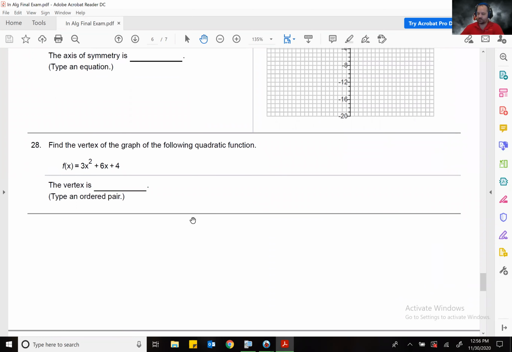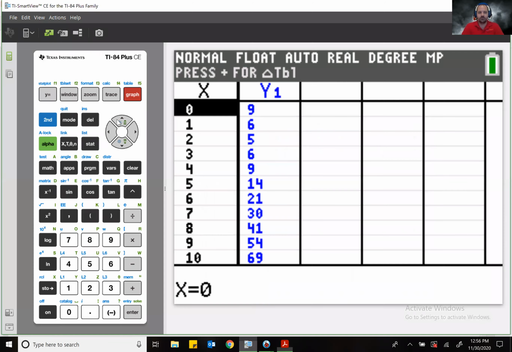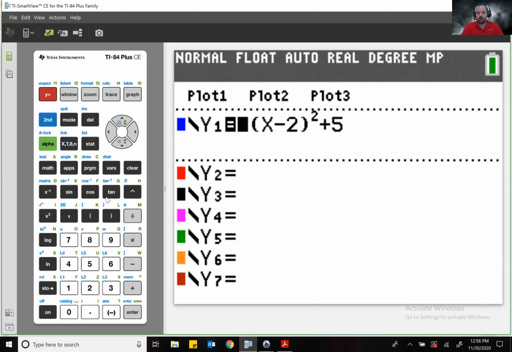Number 28 wants us to find the vertex. So you can do one of two things. We can go into our calculator to find the vertex. And we can put our equation in.